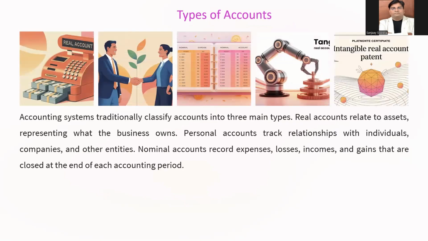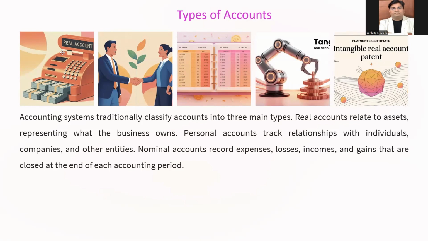Now we will talk about types of accounts. When we talk about types of accounts, in the accounting system, traditionally, the accounts were classified into three main categories. That is real accounts, which relate to assets representing what the business owns.